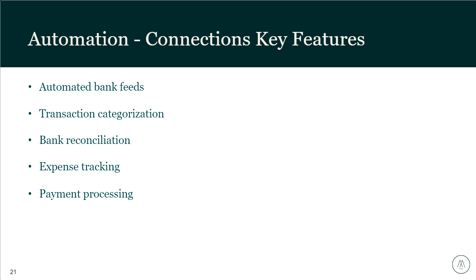Some accounting systems allow for automated payment processing directly from the accounting platform, reducing the need for manual check writing or payment entry. The overall benefits of automated bank connections are increased efficiency, improved accuracy, enhanced cash flow, better financial insight, and simplified compliance.